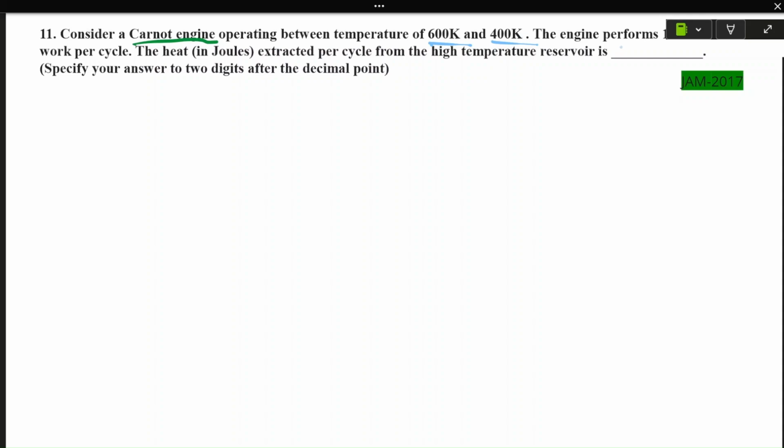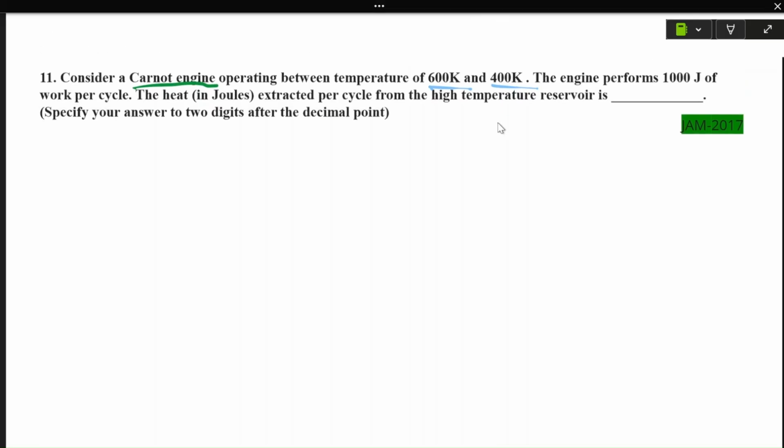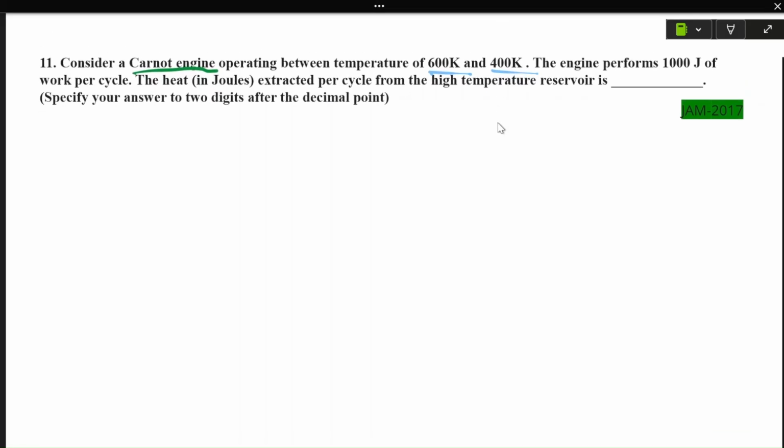The engine performs 100 joule of work per cycle. Find the heat in joule extracted per cycle from the high temperature reservoir.